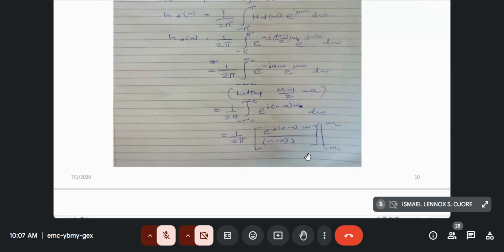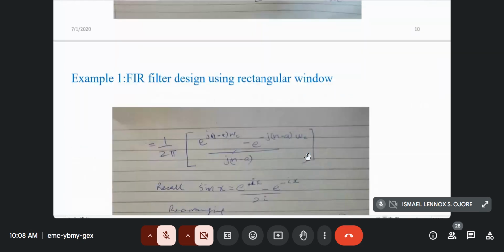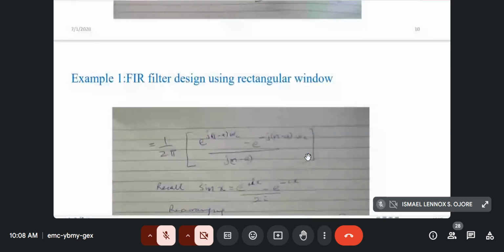You evaluate it for the limits minus omega c to omega c, and it gives 1 over 2 pi, e to the... when you use omega c and minus omega c, this is what you get.